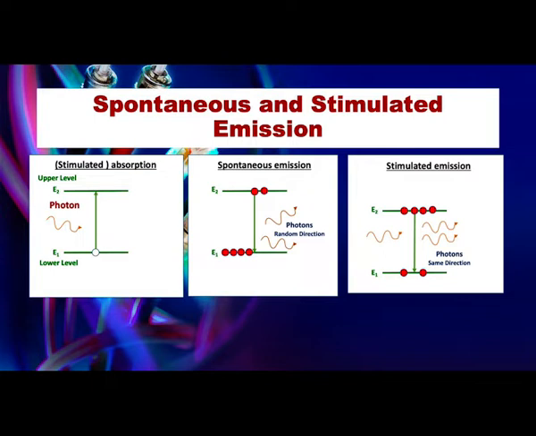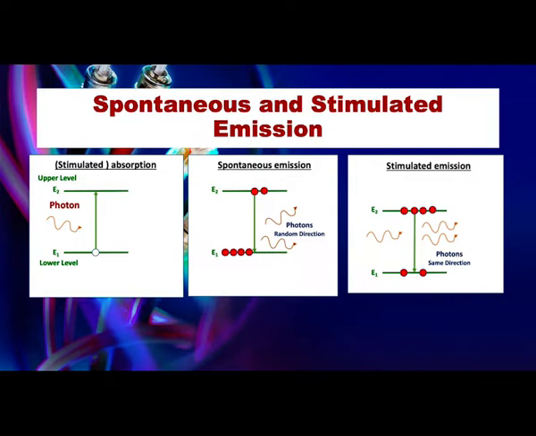This emission is at random. One atom will produce light at this time, another atom will produce light at some other time. There is a time lapse between the 2 atoms. Because of this, there is a time lapse between 2 photons, or in other words, there is a phase difference between 2 photons.